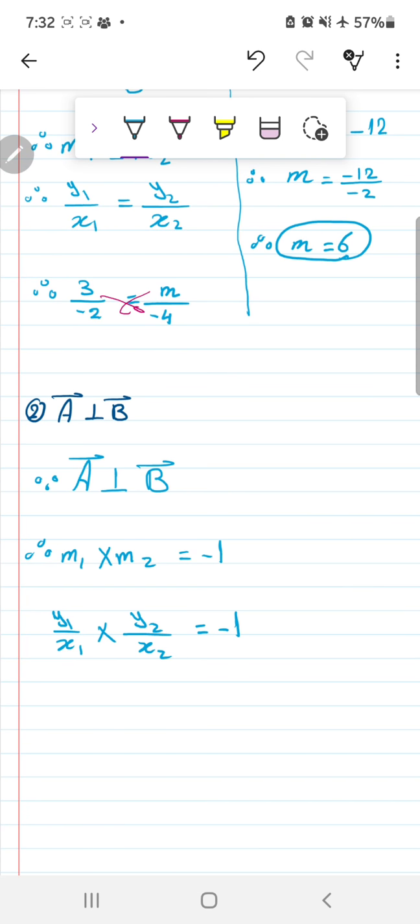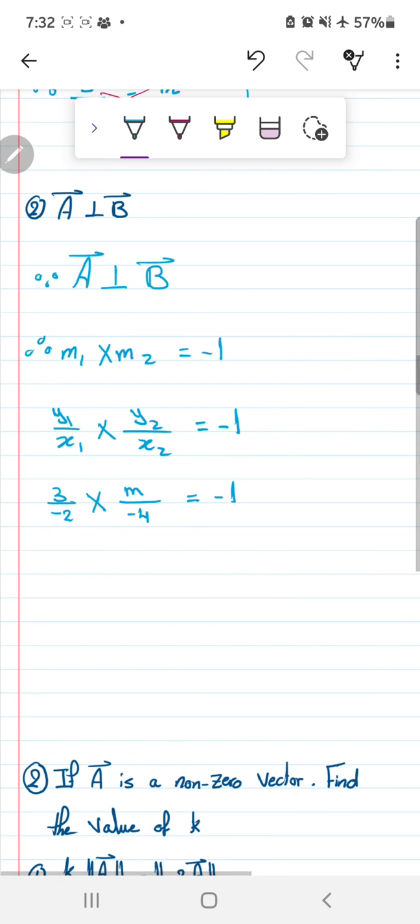Substitution: y1 is 3, x1 is -2, times y2 is m over x2 is -4, equals -1. In the multiplication of fractions, numerator times numerator over denominator times denominator. 3 times m equals 3m over -2 times -4, which is 8, equals -1.